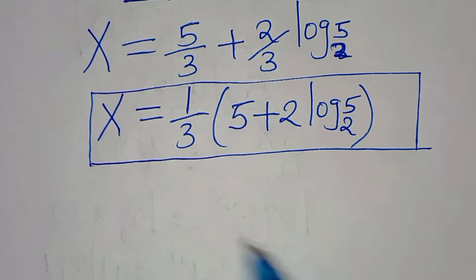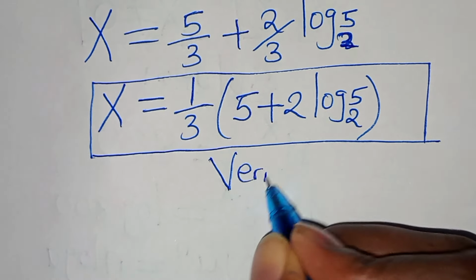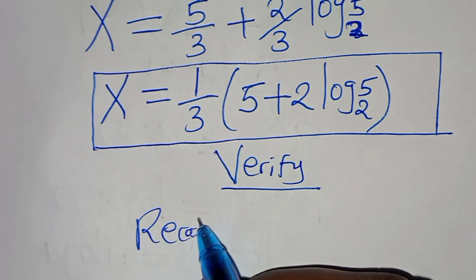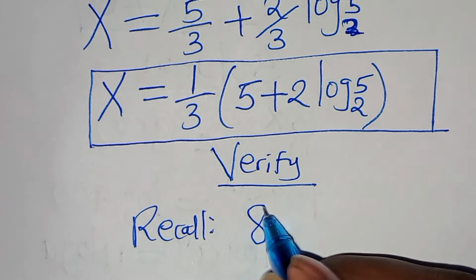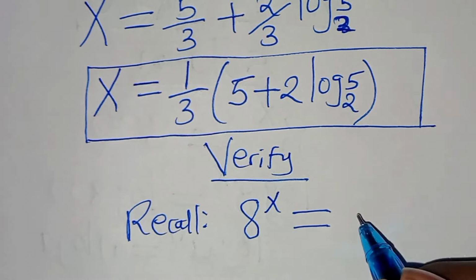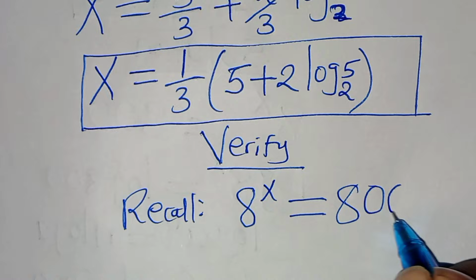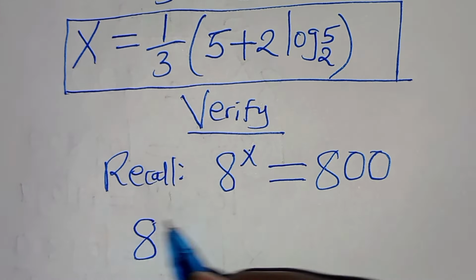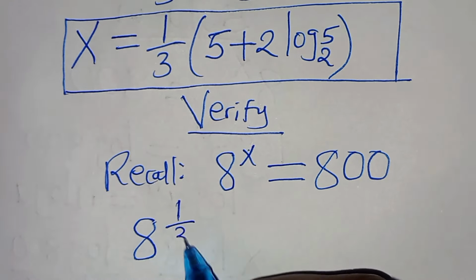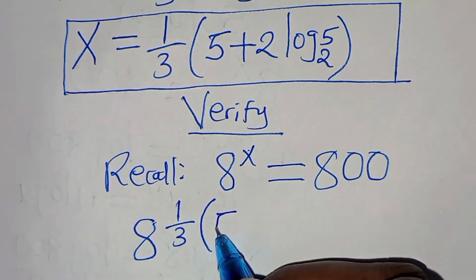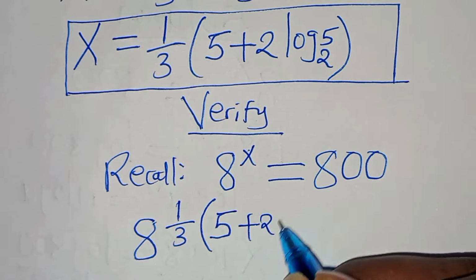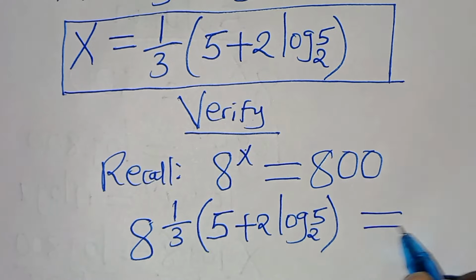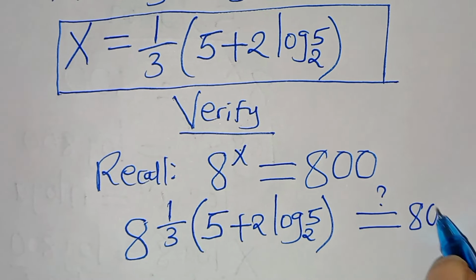So let's verify that this value of x satisfies the equation. If you recall, we have that 8 to the power of x is supposed to give us a value of 800. Substituting x here, we have 8 to the power of 1 over 3 into the parentheses, 5 plus 2 log 5 to base 2.